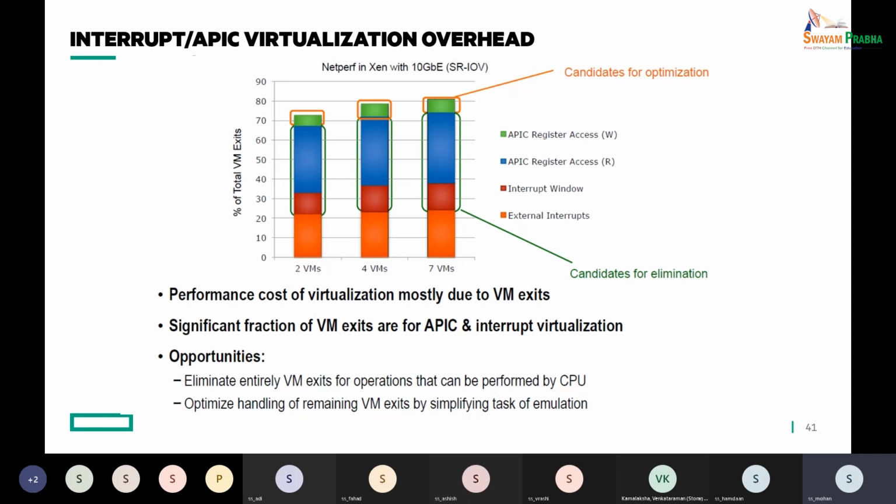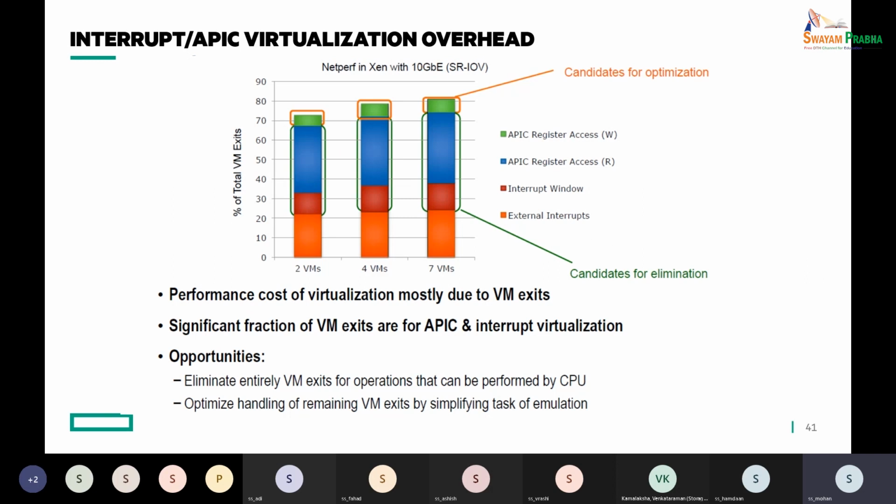And this slide, I think, was from Jun Nakajima of Intel, who had done a lot of work on interrupt enhancements in virtualization. He showed that in Xen, with NetPerf, which is a standard networking benchmark where you can run multiple TCP streams and see the performance overhead, the number of total VM exits occurring because of each of these interrupt virtualization features.